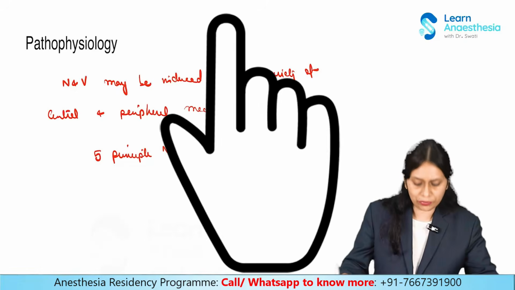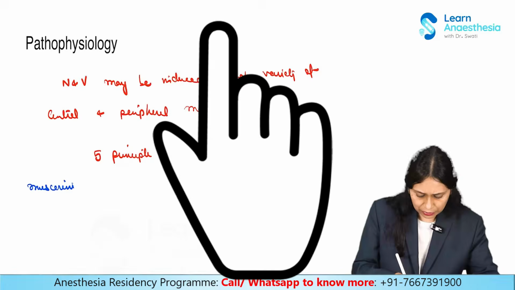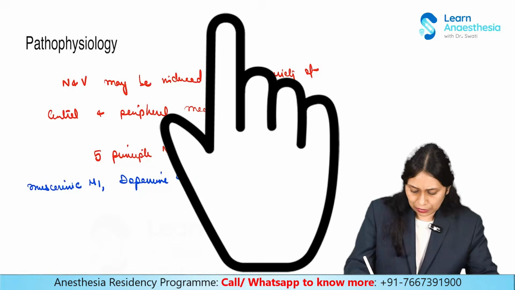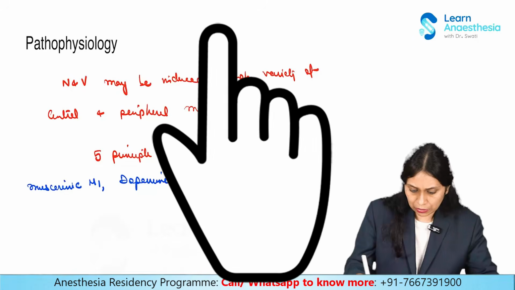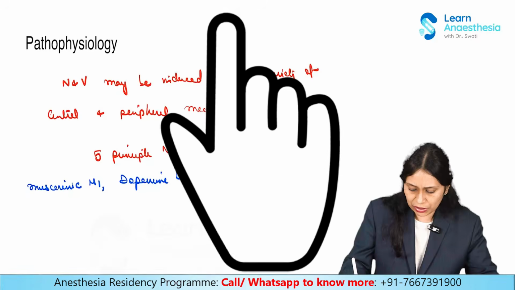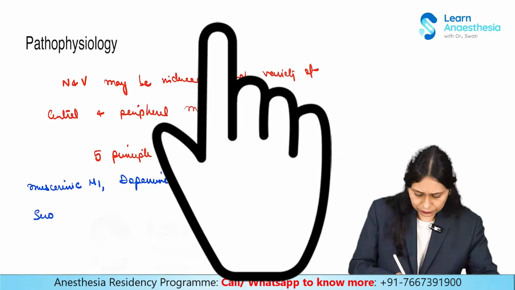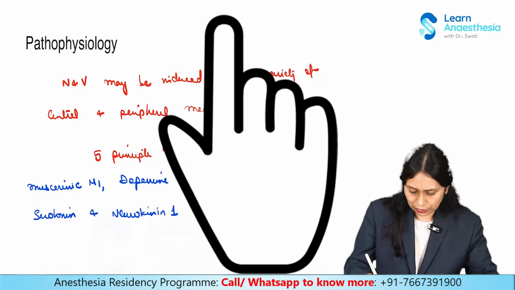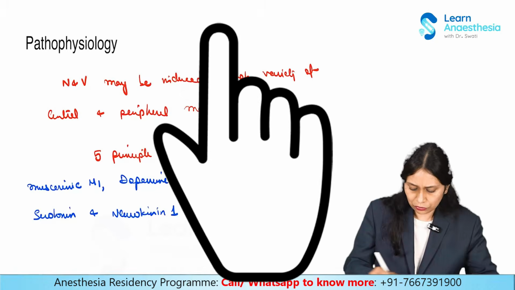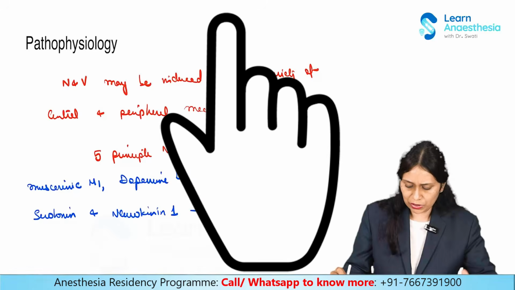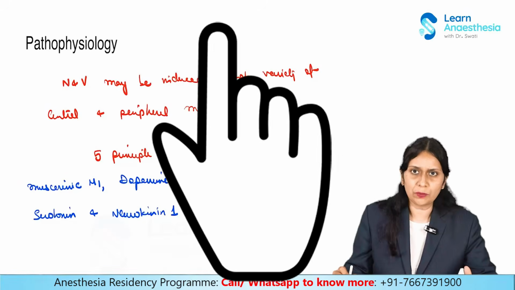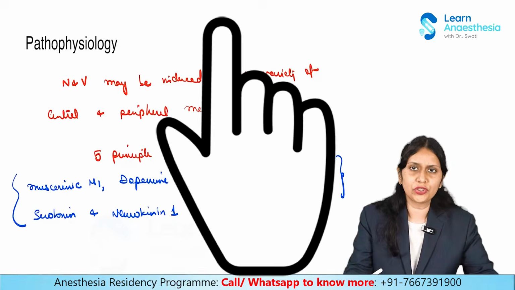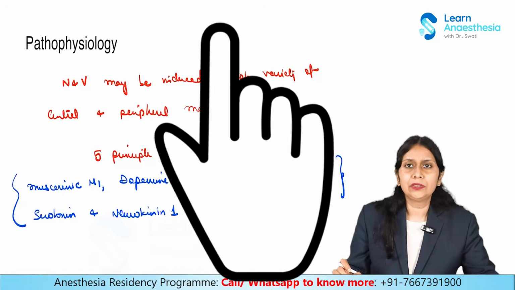The first one is the muscarinic M1 receptor, then dopamine D2 receptor, then histamine H1, 5-HT3 serotonin, and neurokinin 1 through substance P. So these are the important neurotransmitter receptors: muscarinic, dopamine, histamine, 5-HT3 mediating through serotonin, and neurokinin mediating through substance P, which are responsible for the mechanism of nausea and vomiting. And when we plan our antiemetic, these are the receptors which we target.